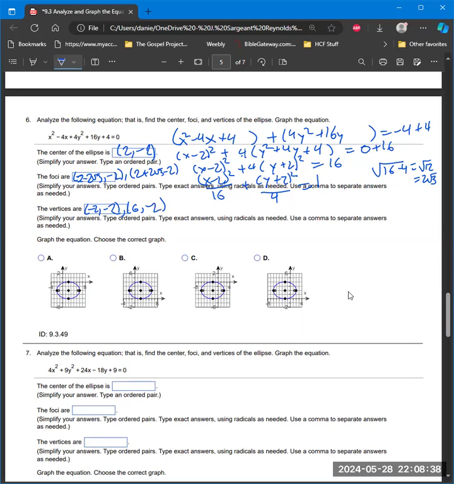Apologies for that. And let's see here. So center of the ellipse at 2, -2. That's got to be A.